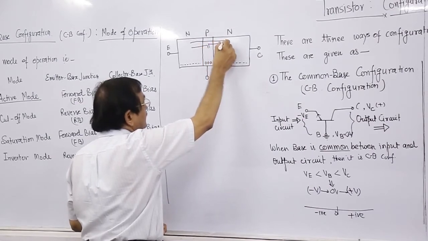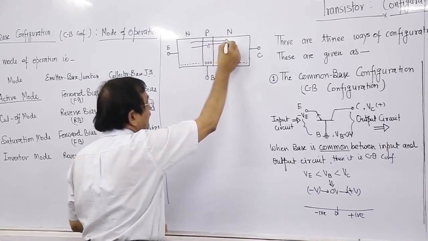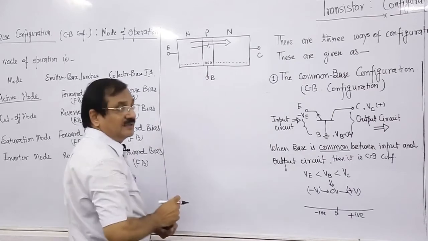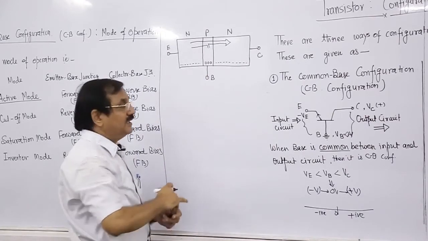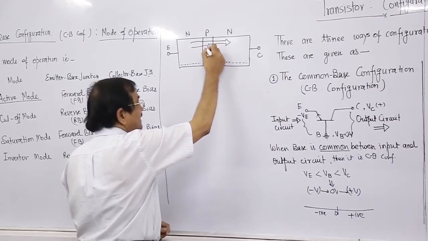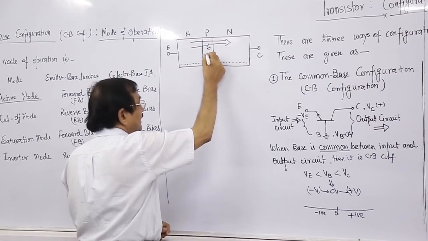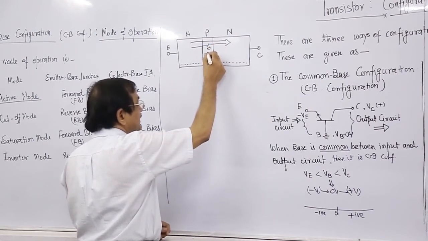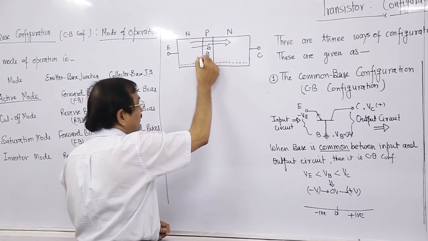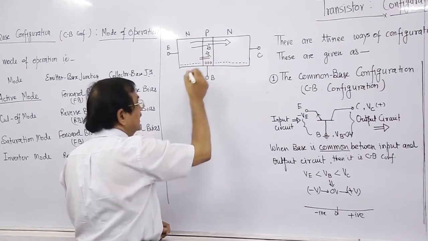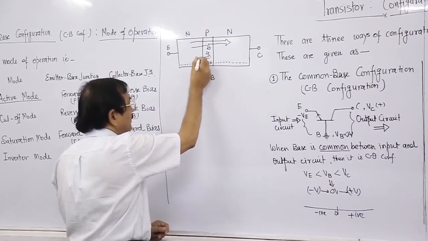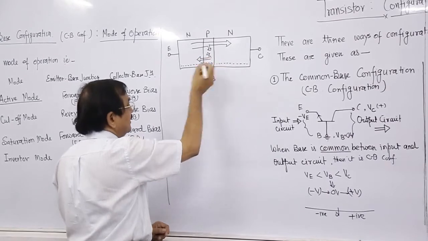and a few of them will recombine with the base region. In the base region, the charge carriers are holes, so this current is hole current.